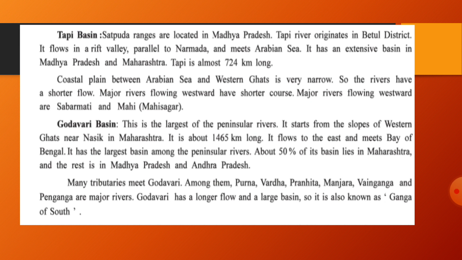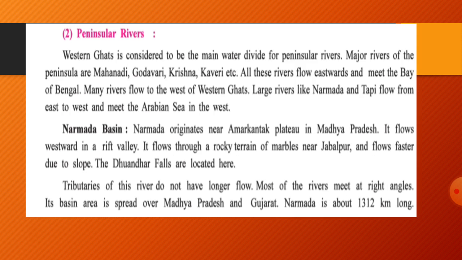Let me explain the Narmada Basin once again. The Narmada Basin is about 1312 kilometers long. The Narmada originates in the Amarkantak Plateau in Madhya Pradesh and flows westward in the Rift Valley, through rocky terrain, and has marble near Jabalpur.